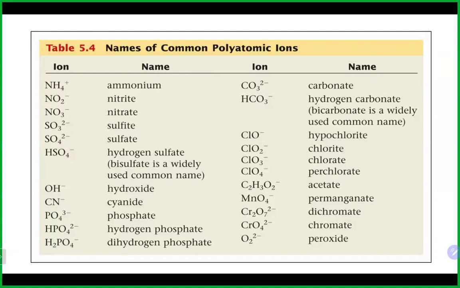Now, there is a good way to remember these, and I'm going to talk you through a couple of ways that might make it a lot easier to remember all these names. First off, let's look at the patterns that we see in these names. For example, we have NO2 minus.